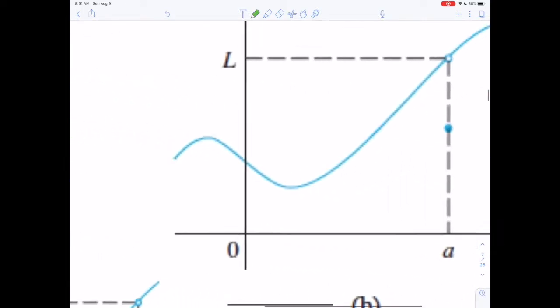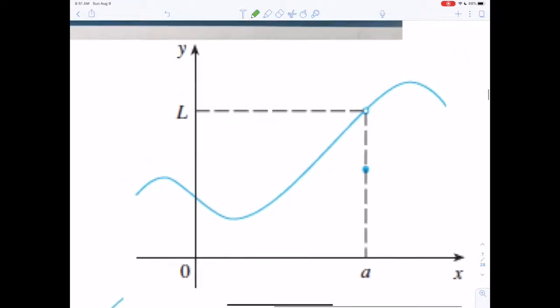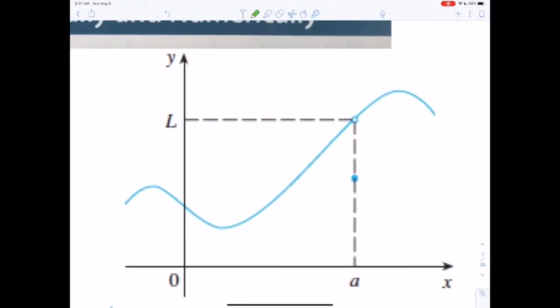This next one here, slightly different, but if you notice, there's a hole there, right? But again, a hole means that nothing is happening there, right? So does the limit exist as x approaches a? So the limit of this function as x approaches a still does exist.